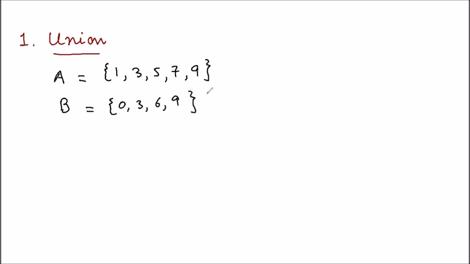We have two sets, A and B. So in union, we will write A union B, then we will write first set, that's A set, then put sign of union, which is like capital letter U.